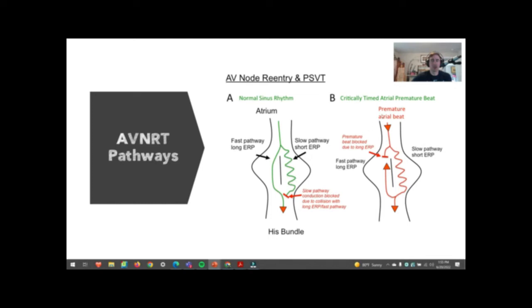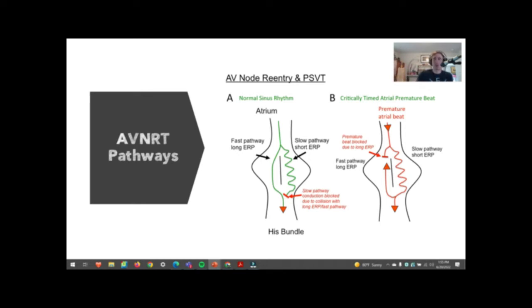But if you have a properly timed premature atrial beat, so the SA node conducts prematurely down this pathway, imagine that it enters this normal pathway, but it's still refractory because it just had an impulse coming down it. And it takes time for those pathways to repolarize, due to the sodium-potassium pump.